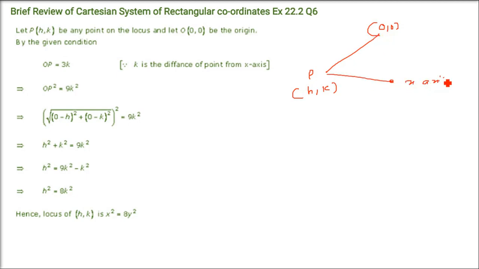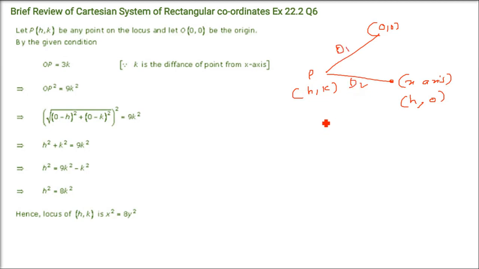So say this is the x-axis. You know, on the x-axis y will be 0. We have already seen h and 0.